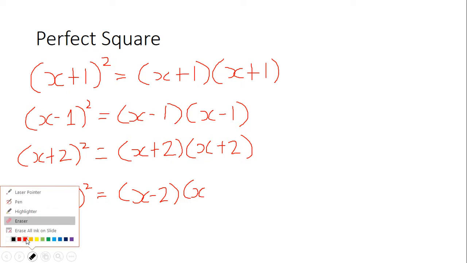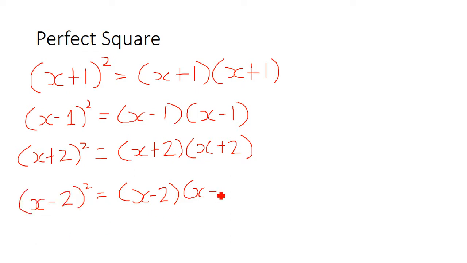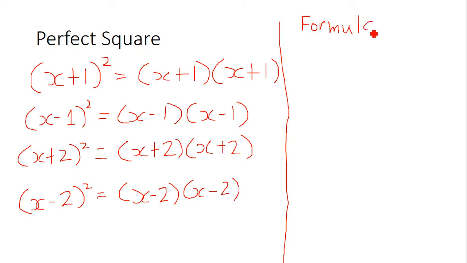So there is a formula for perfect squares, and of course this formula you have to remember by heart. So this is the formula for perfect squares. Using this formula, we can skip all of the multiplying and directly use the formula.